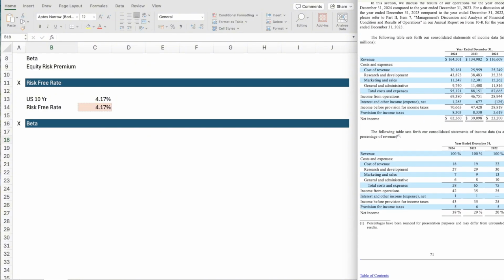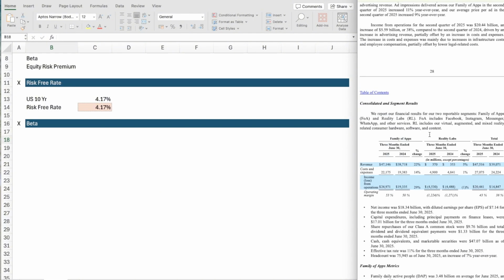So, no, that's the wrong one. Page, family of apps, revenue. Yeah, so the family of apps, the revenue really comes from advertising.